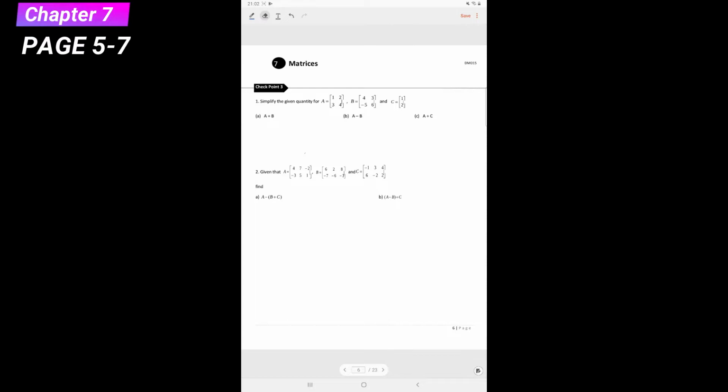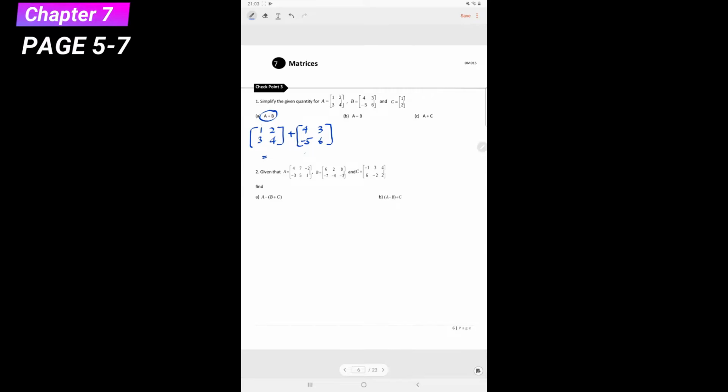Number 1, simplify the given quantity for matrix A, B, and C. So number 1A, we need to add matrix A and B. Okay, so how can we do this? First, write matrix A. Okay, so this is matrix A. Add with matrix B. Okay, so again, kalau kita ada operasi tambah ataupun tolak, kita akan tengok dia punya pasangan dia, entry by entry.